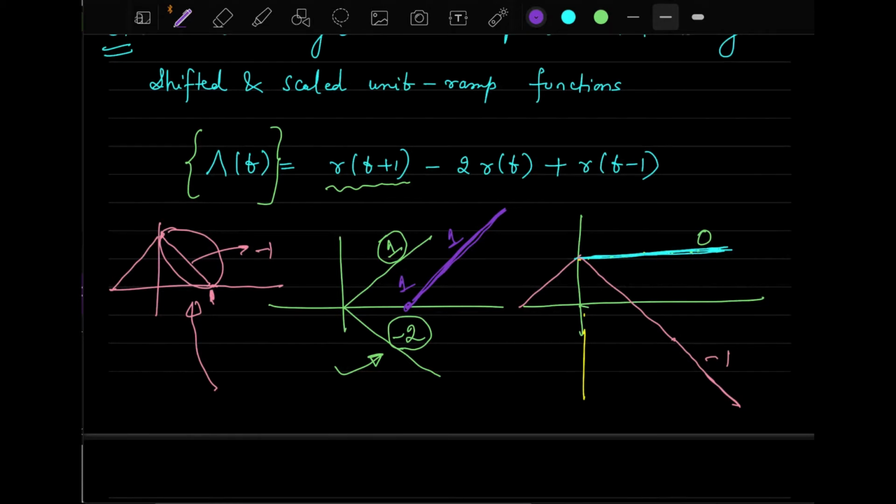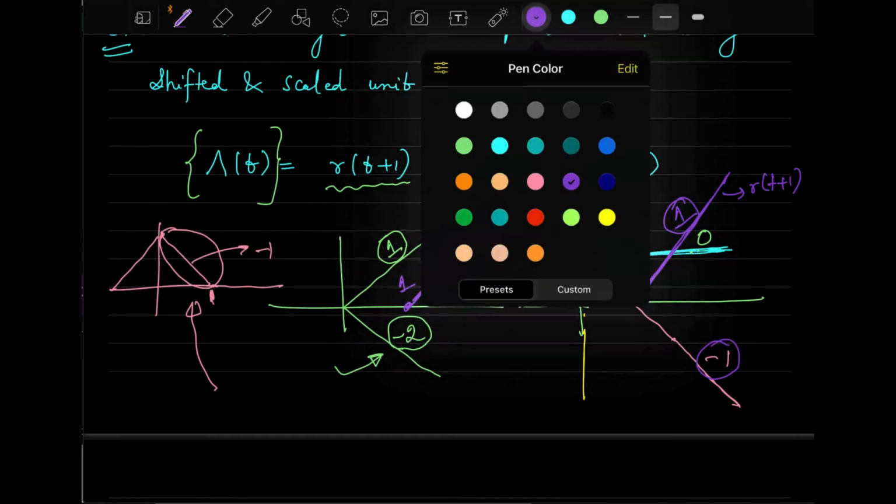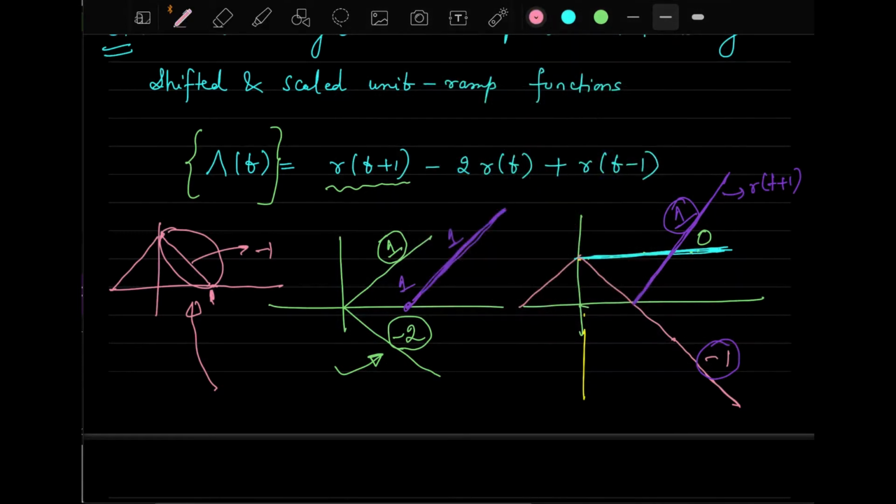When you add this to this signal here, which has a slope of minus 1, then this slope of 1 and this minus 1 will cancel out because of two opposite straight line segments having a slope of 1 and minus 1. When you add these two together, they both will nullify each other's effect, and once that is done, the final signal that you will get after adding these things will be this.